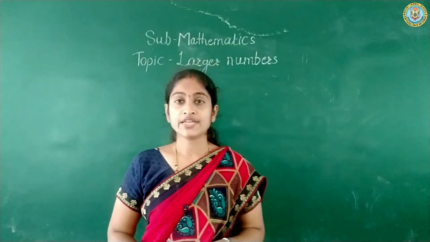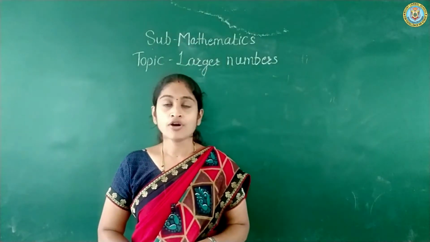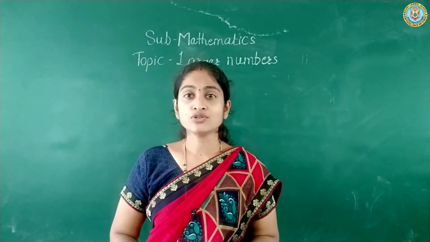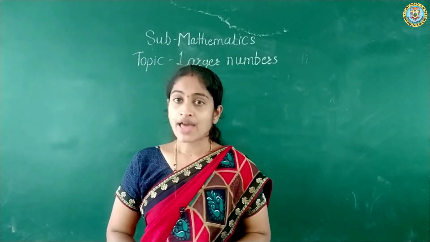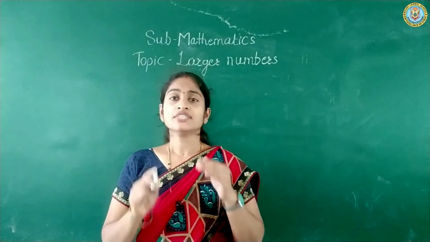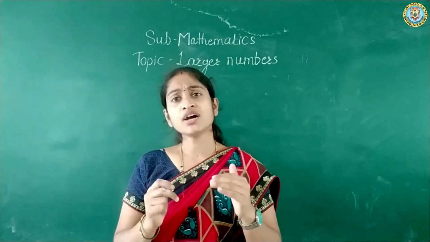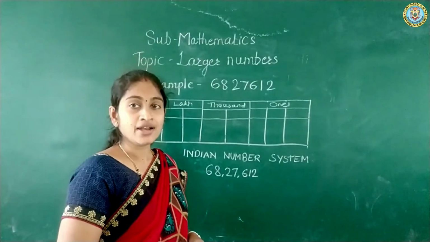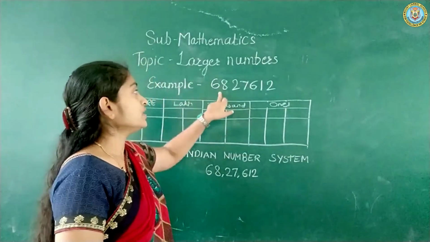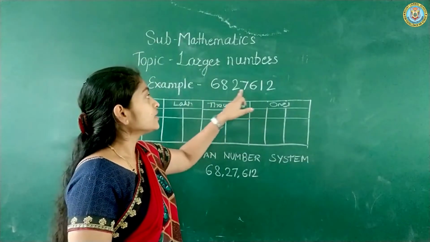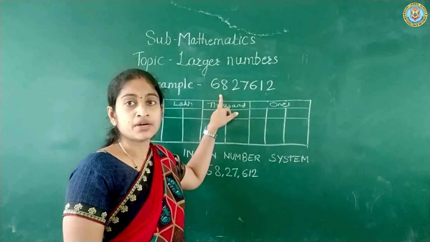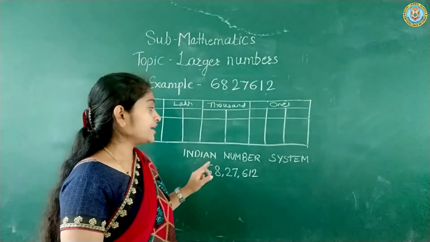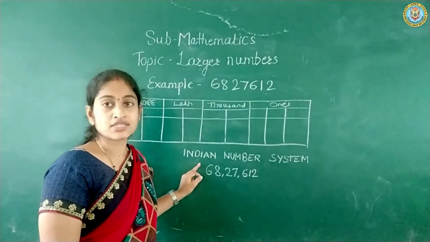Yes. Now my dear students, we will solve one example for these two place value systems. We will write one value and we will put this value in both the value systems. Here we have an example, that is this 7-digit number. We will place this number in Indian number system.